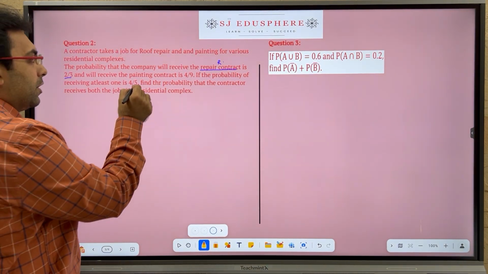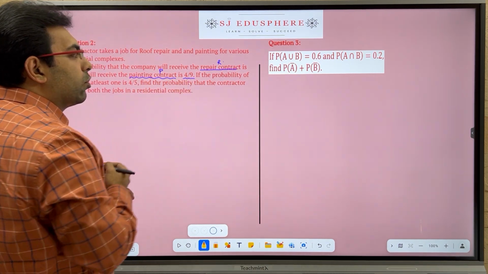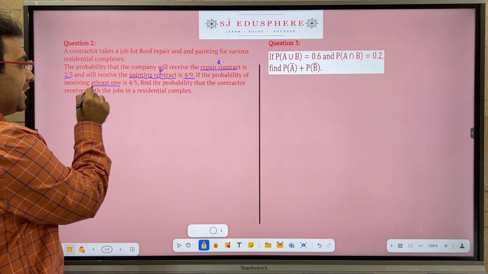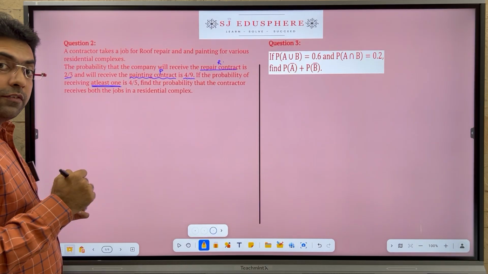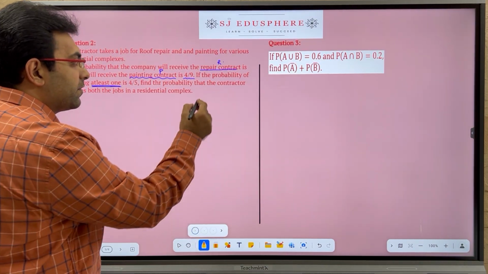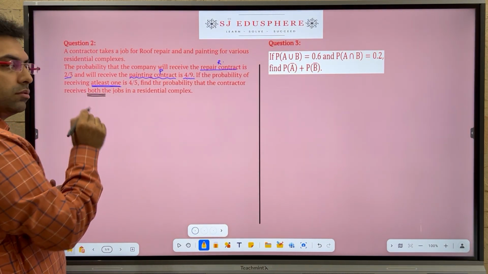The contractor will receive a painting contract, which I'll call as P, is 4 by 9. The probability of receiving at least one is 4 by 5. Now, if you're confused what at least one is, my question says find the probability that the contractor receives both.